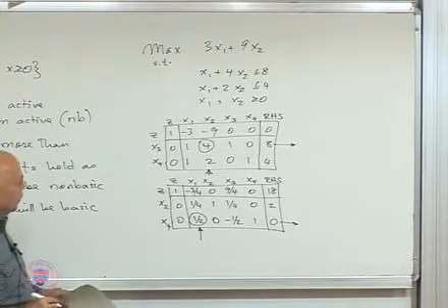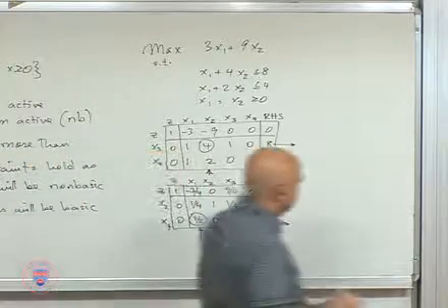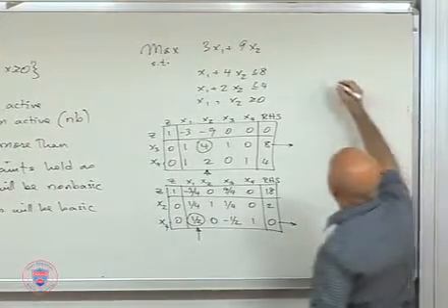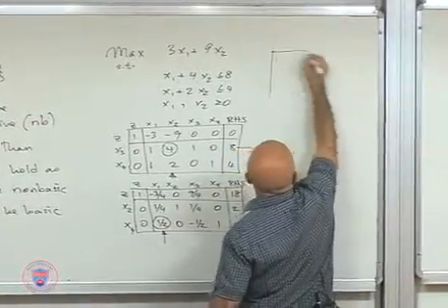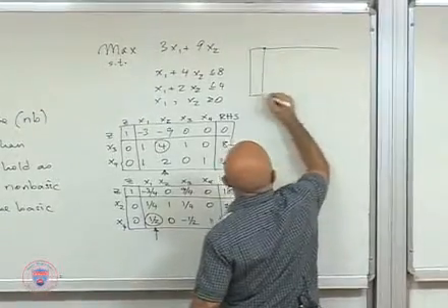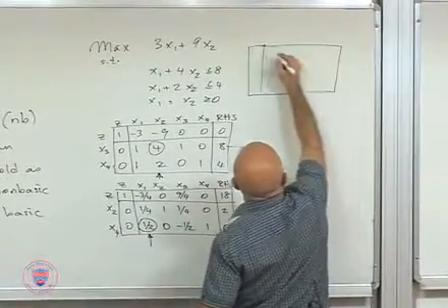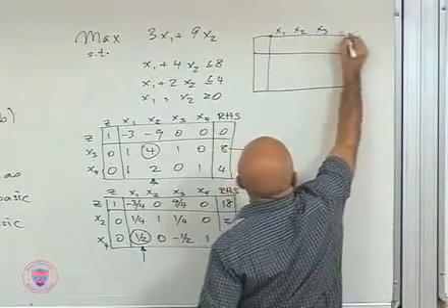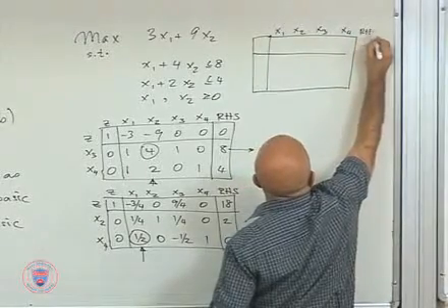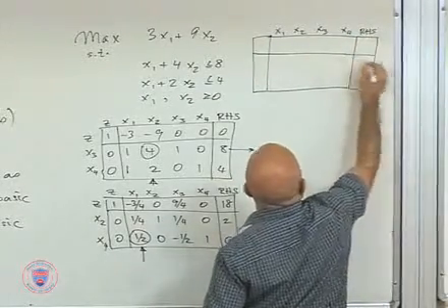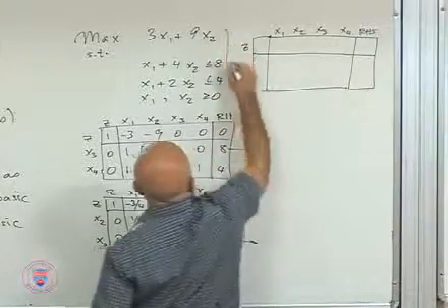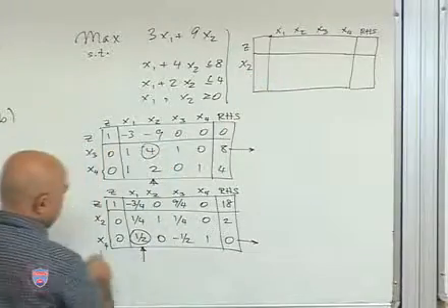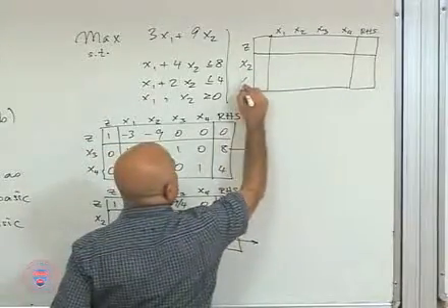When we pivot, we get the new Tableau. Let me write it here. The new Tableau will be: x2 stays. x4 is replaced by x1 now.